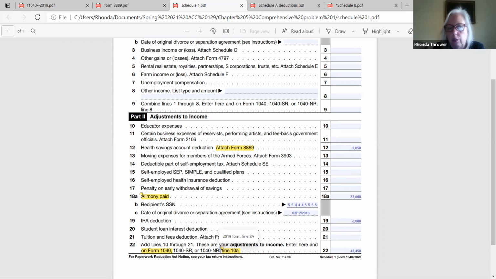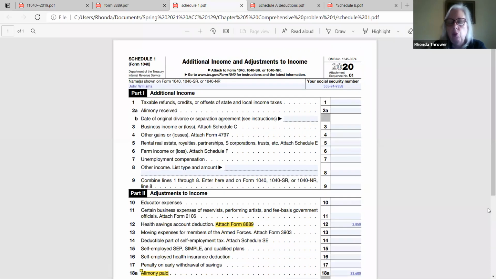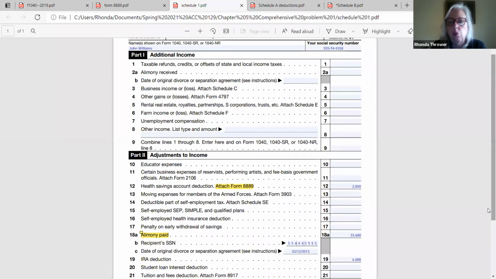So if you'll hover over this little thing right here, it'll tell you that the 2019 form should be line 8A. So we're going to pick this up and put it on the 2019 Form 1040, line 8A. That's where that's going to go. So this Schedule 1 is going to feed into the 1040 form.